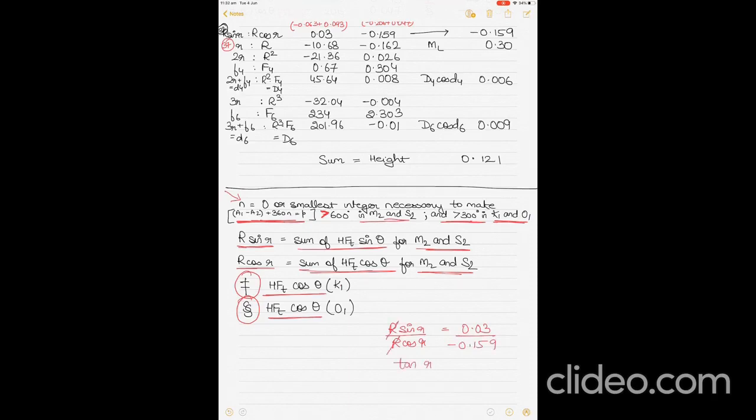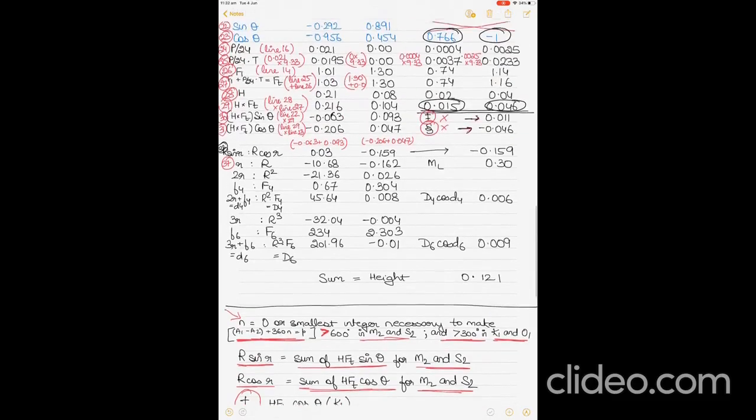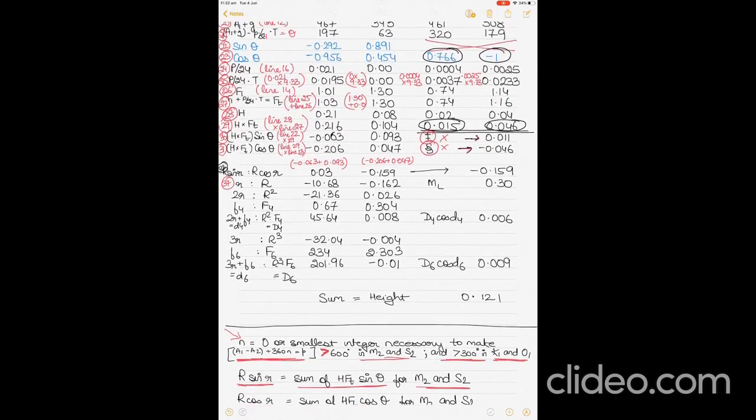This becomes tan r equal to 0.03 divided by minus 0.159, which is equal to minus 0.1886. So you will get the value of r in that case by doing a tan inverse of this as minus 10.68. Once you get the value of small r, you can also find out the value of capital R. That's how I got line number 37.